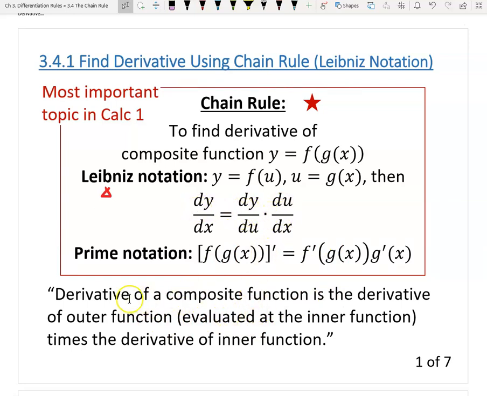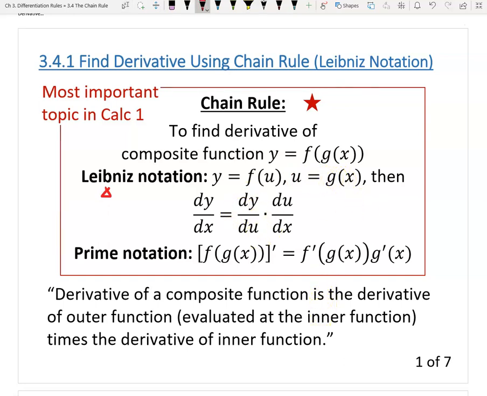The derivative of a composite function, the left side, is the derivative of the outer function, dy/du, times the derivative of the inner function, du/dx. Of course, the first is evaluated at the inner, because u is g of x.